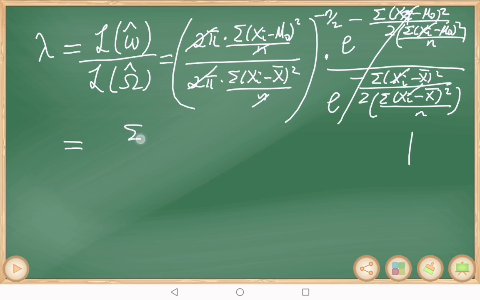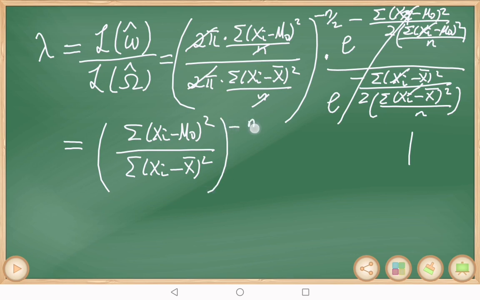We have summation xi minus mu naught squared over summation xi minus x bar squared, raised to the power of minus n over 2.